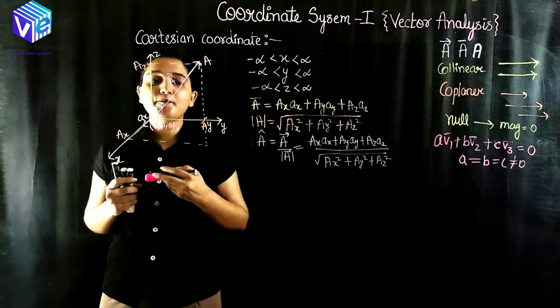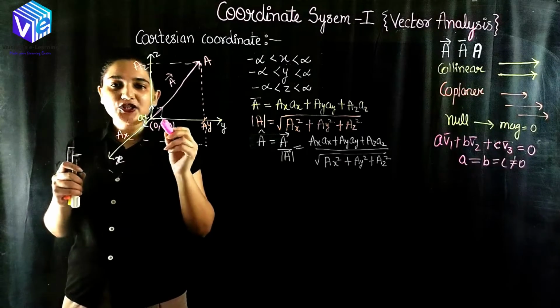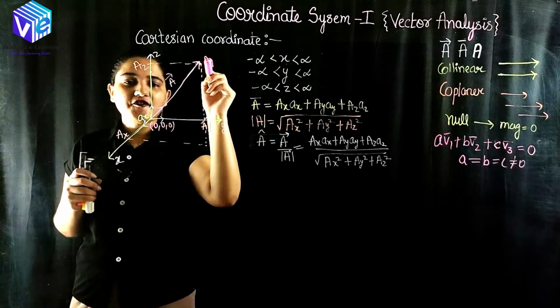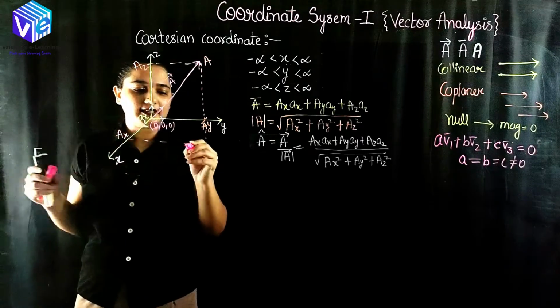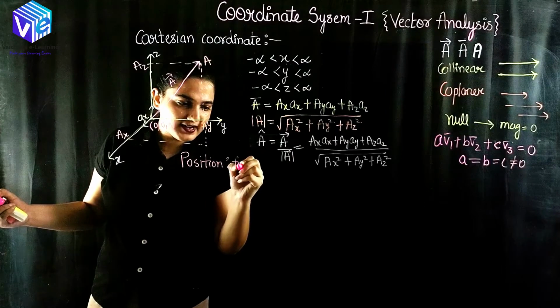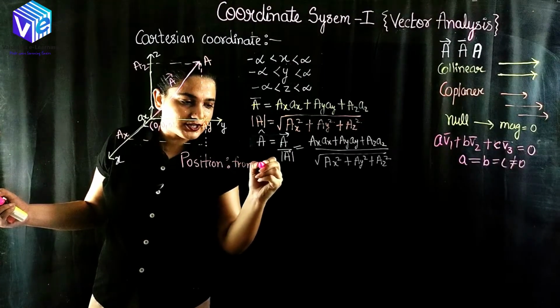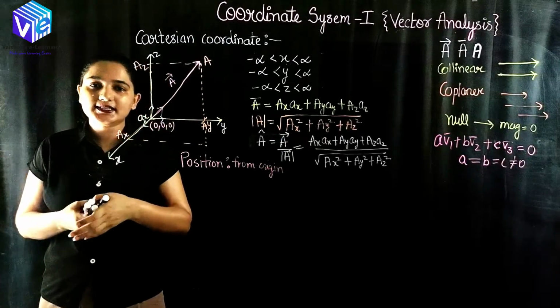So now what is a position vector and what is a distance vector? If I need to find the distance of a vector A from the origin, then it is the position vector, because I am finding it from the origin. Then what is the distance vector?